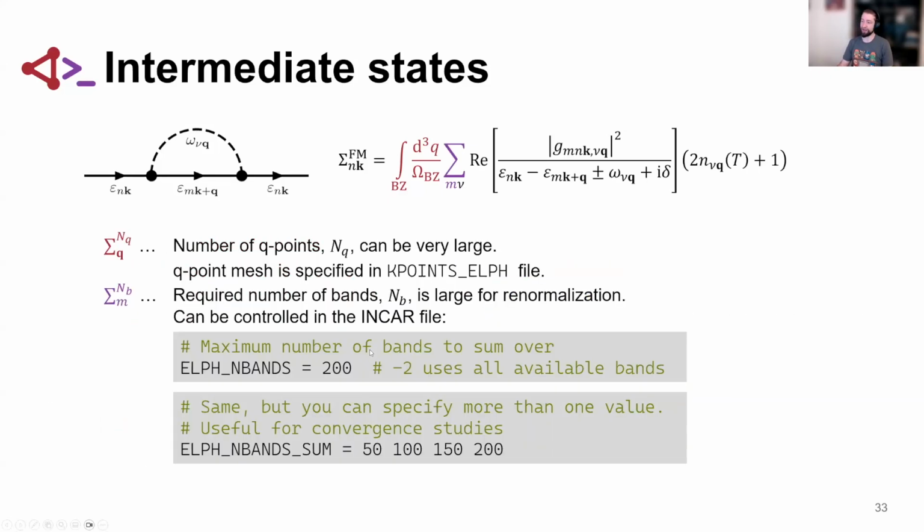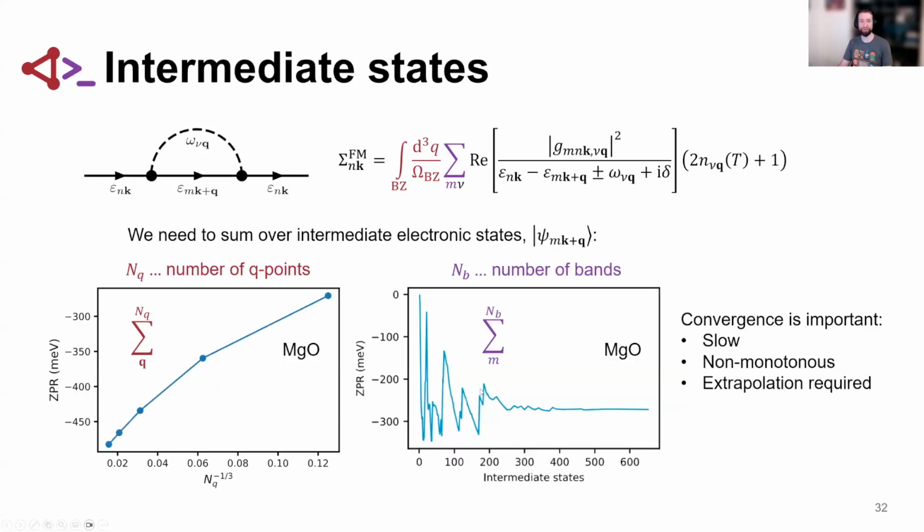And the other thing with the intermediate states is that you can set the number of maximum bands to include with ELF_NBANDS. So you can set this, for example, to 200, run a self-energy calculation, you set it to 300, run another calculation, and then you get data points along this graph.